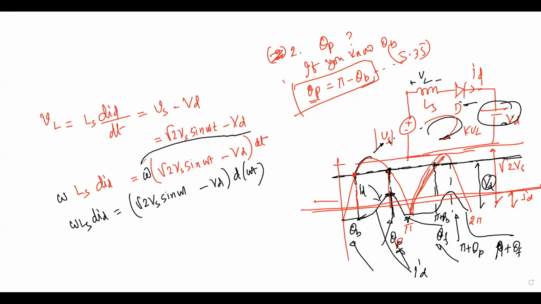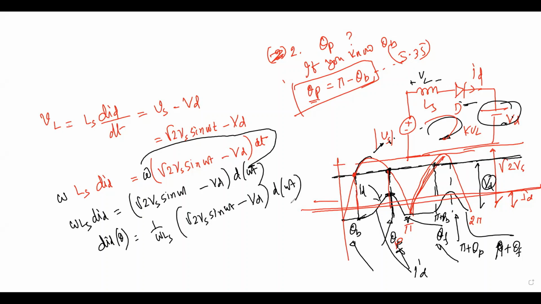This omega is taken here. Yes. Then iD of theta is 1 by omega Ls, root 2 Vs sine of omega t minus the constant Vd within brackets, then we can write this down. Is it okay? Yes, sir.